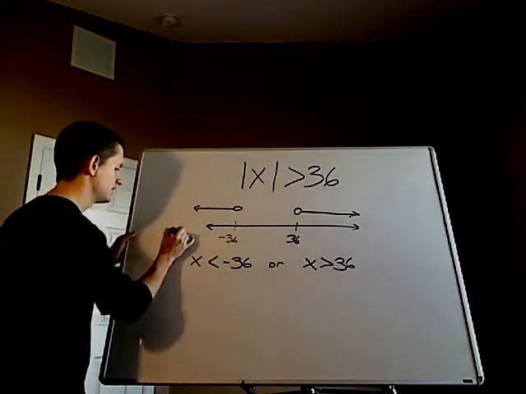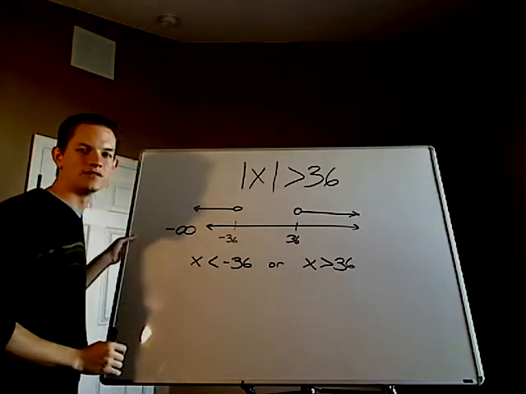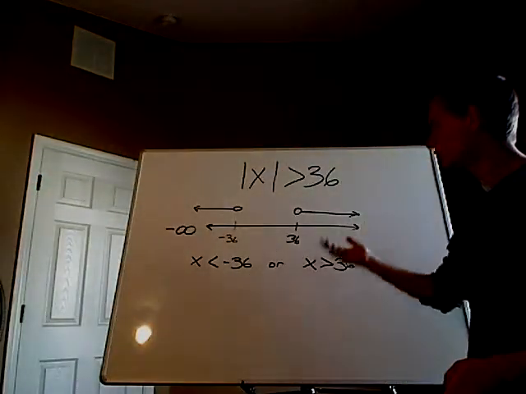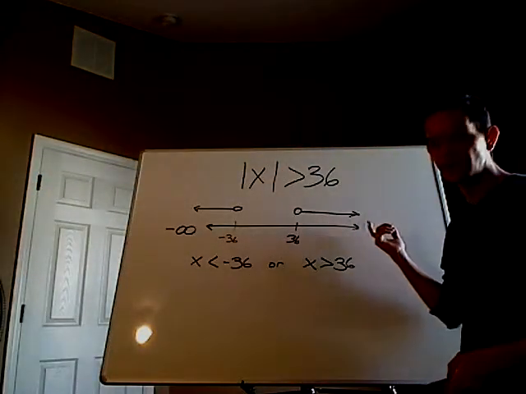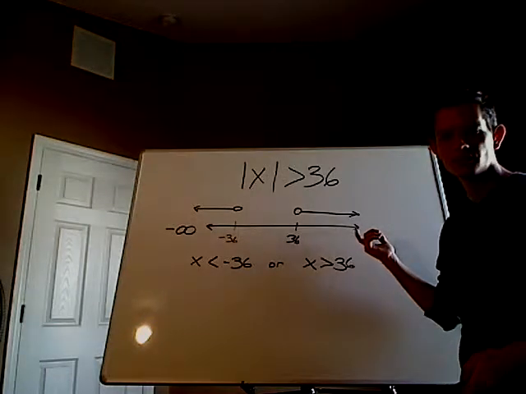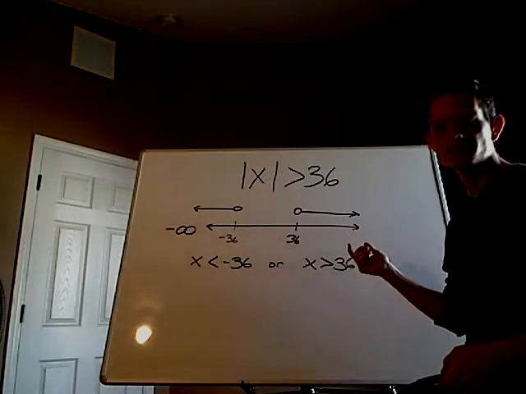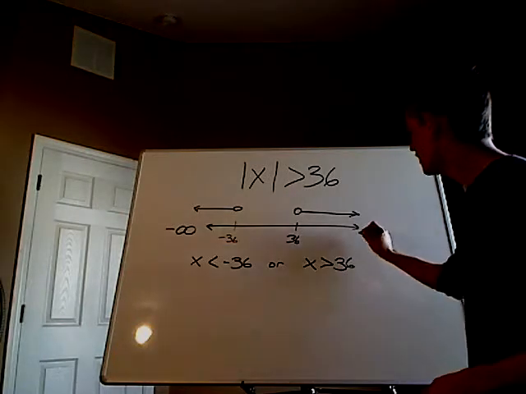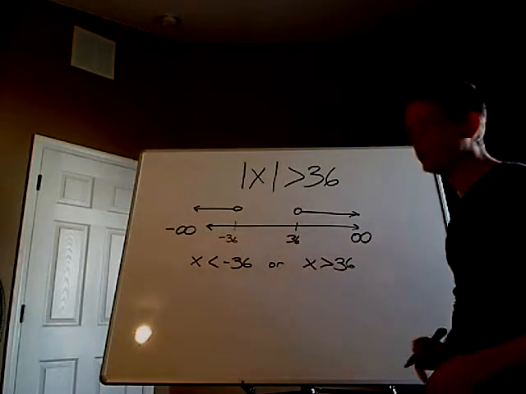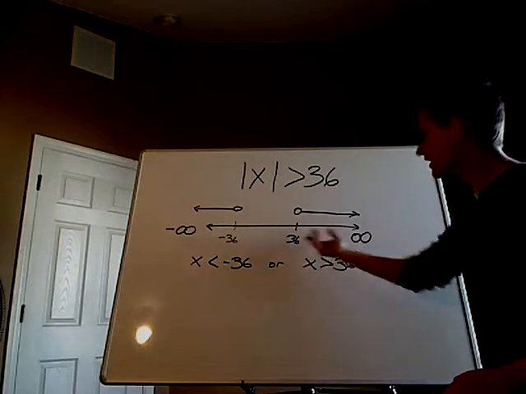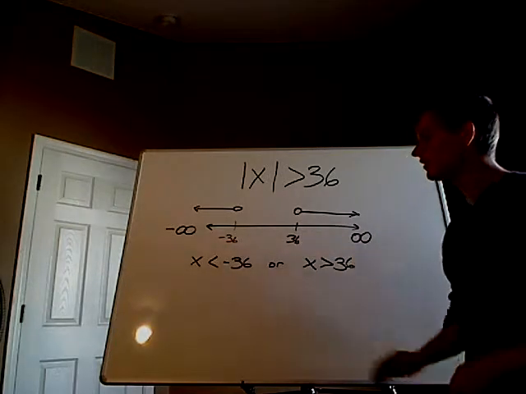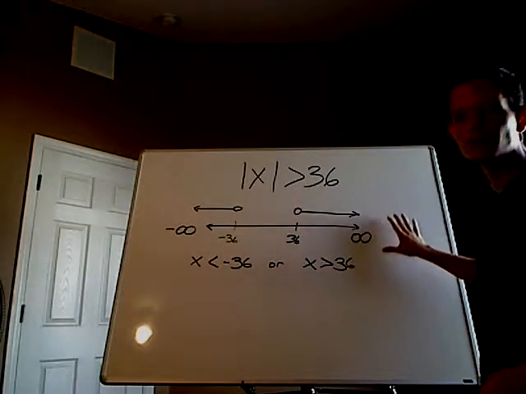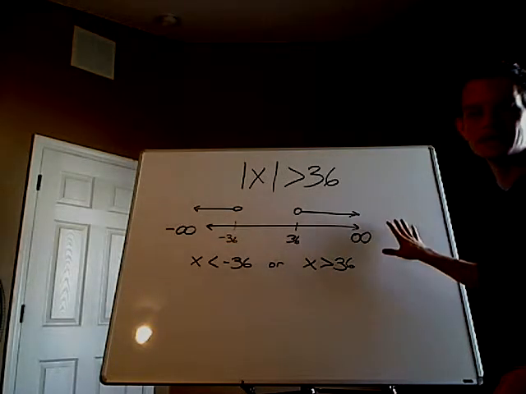So that indicates negative infinity. What about over here? When I have this, it's getting larger and larger, right? So what is it expanding to? Right, positive infinity. So looking at the number line can show you how to set up using interval notation.